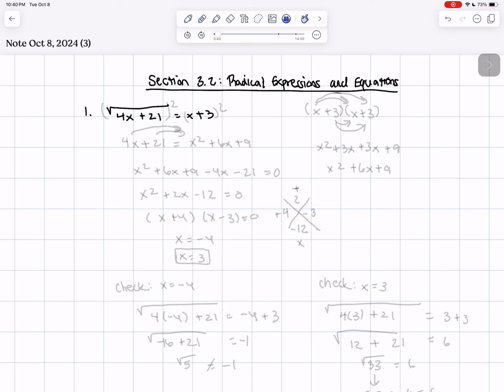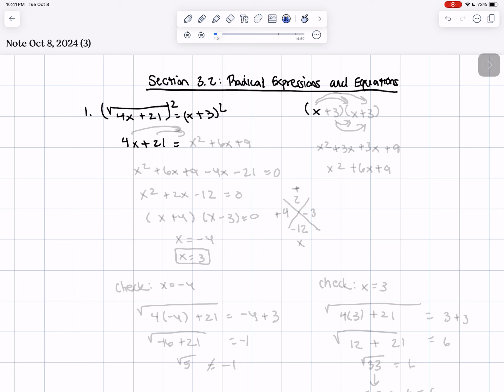So how do I simplify this? We always know that if we want to simplify a radical, we have to square both sides. When you square a radical, the radical goes away.